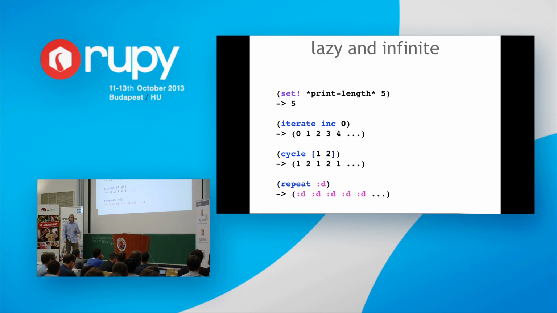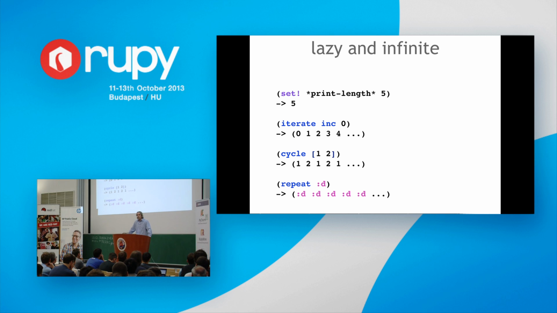It says given a seed value 0, return a sequence, which is that seed value, followed by a function applied to that seed value. Inc is add 1, followed by that function applied to the next value, and so on and so forth. Cycle 1, 2 returns an infinite cycle of the collection it's cycled over, and repeat returns an infinite repetition of the item that's passed into it.